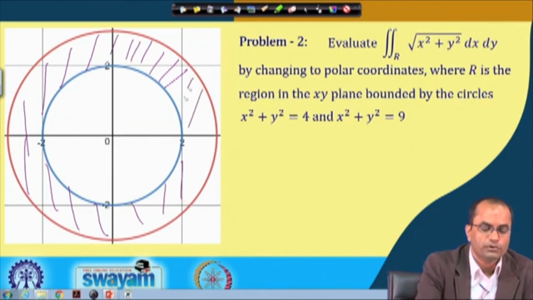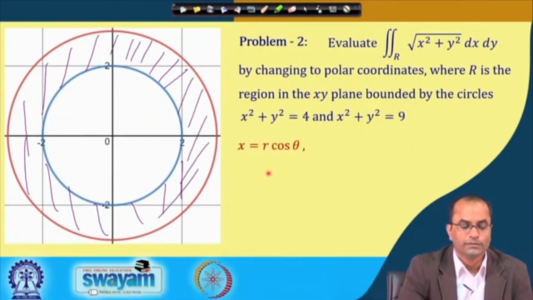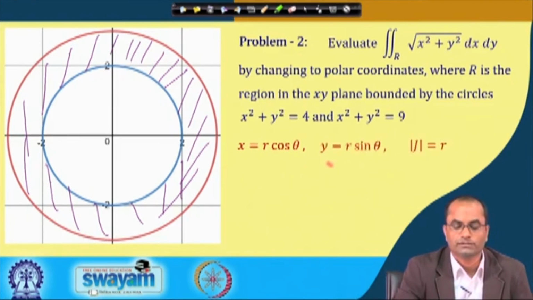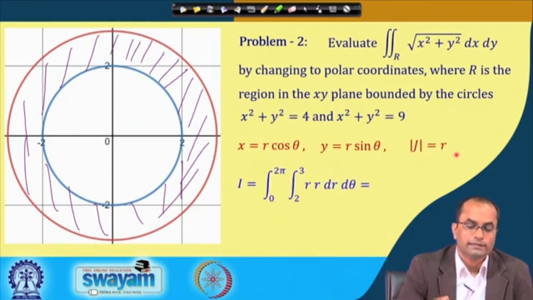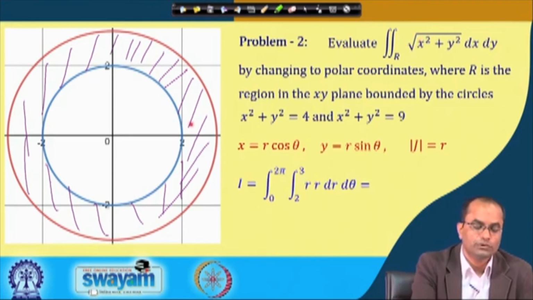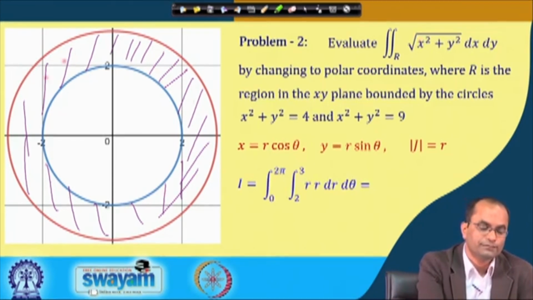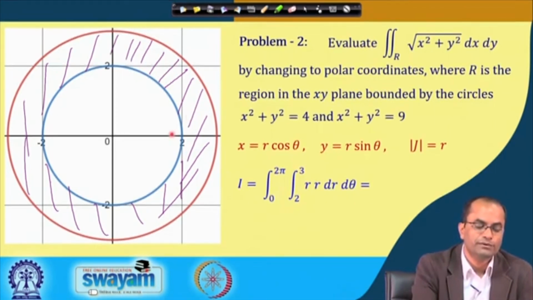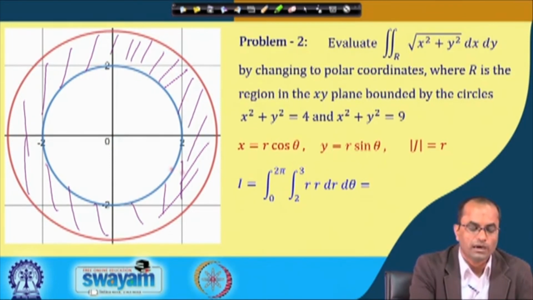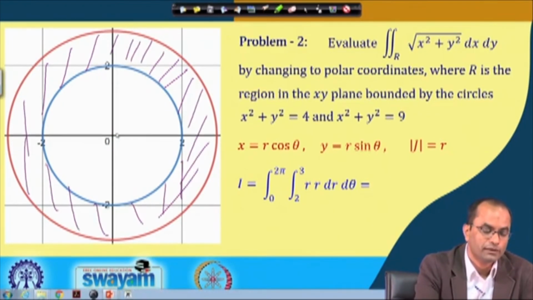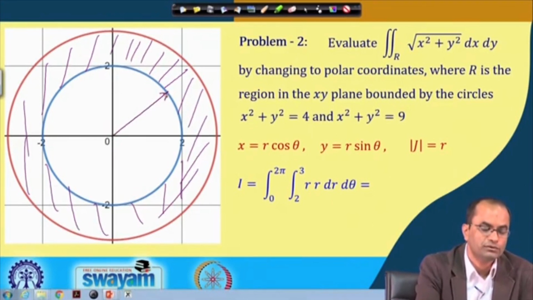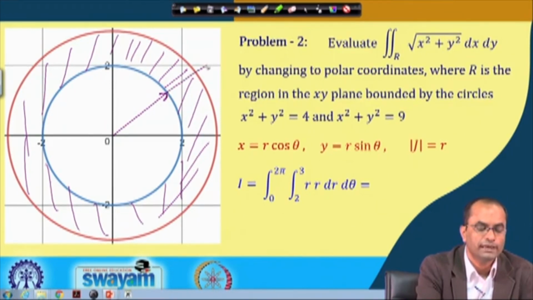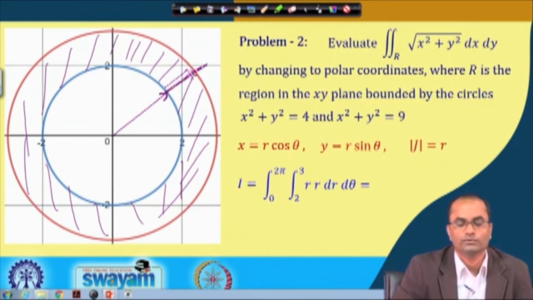So, by changing to polar coordinates, it is much simpler now to get the limits, because putting x is equal to r cos theta, y is equal to r sin theta, z will be r, and then this integral will be 0 to 2 pi, the whole circle, and then for r the limit will be from 2 to 3. So, r is always going from 2, entering the domain when r is equal to 2, and leaving the domain when r is equal to 3.